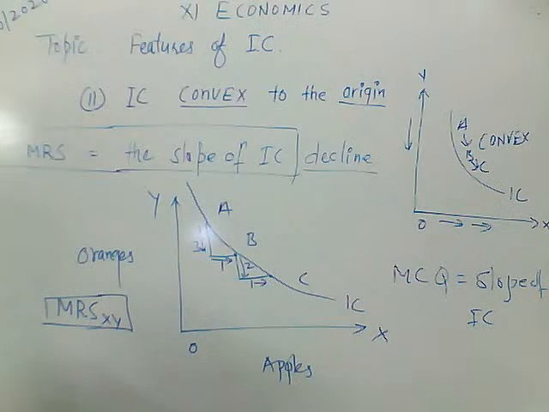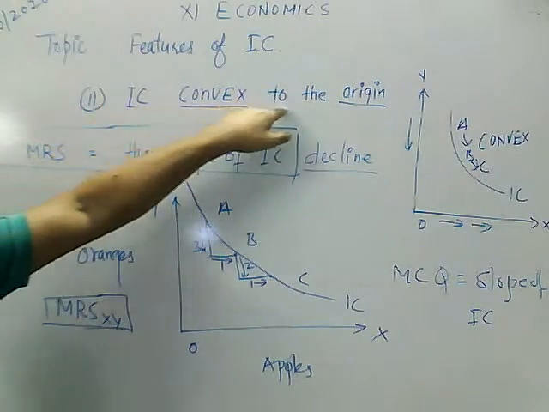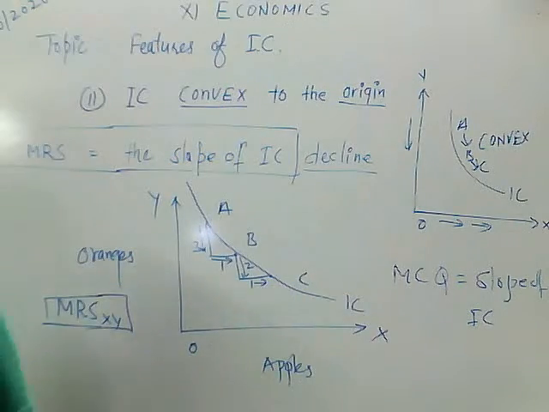Are you clear? Yes. So point number 2 is the second feature and property: the indifference curve is convex to the origin.